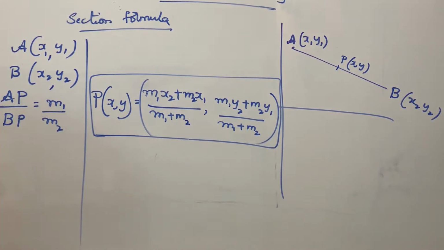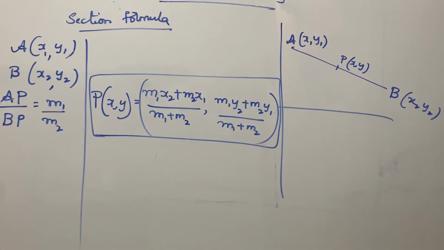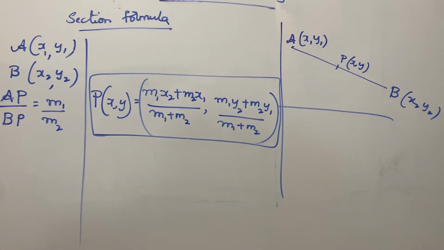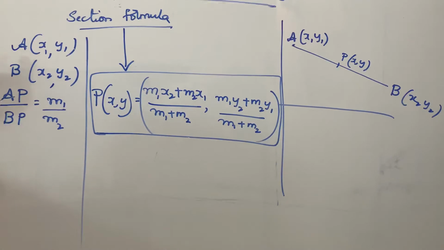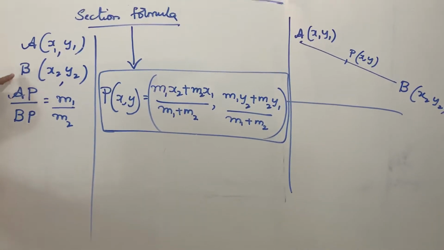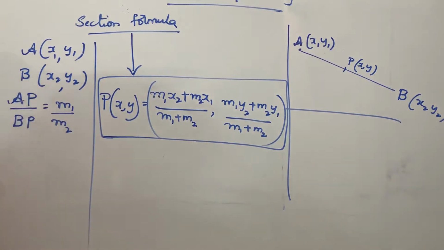Now there are few variations to use while solving the question. Only thing is it is made easier, that's all. Now this is the standard section formula. Sorry, one more thing I want to tell you here.